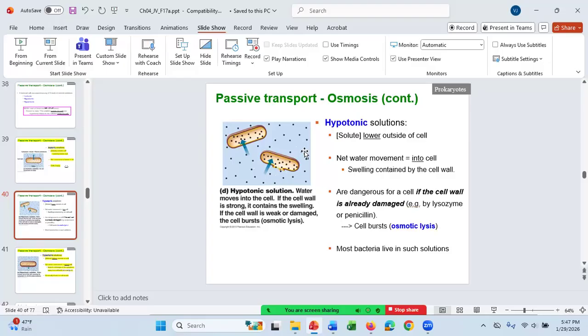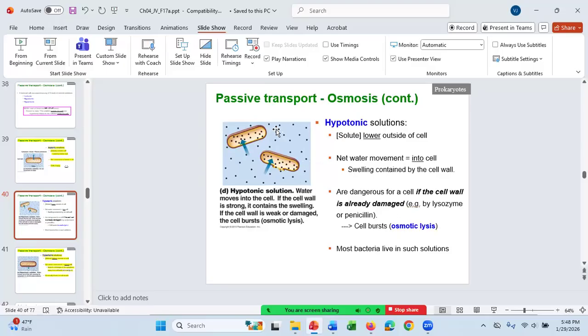So in a hypotonic solution, if the cell lacks an intact functional cell wall, water will move into the cell until the cell dies by osmotic lysis. And as I mentioned, that's how lysozyme and penicillin G actually damage cells. Most bacteria live in an environment that's hypotonic, and it's their cell wall that protects them. Because with this intact cell wall, the cell membrane can only expand up to the size of the cell wall.